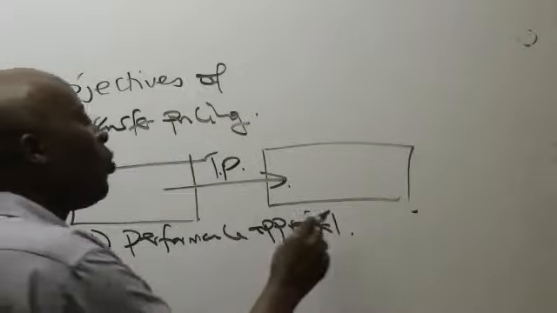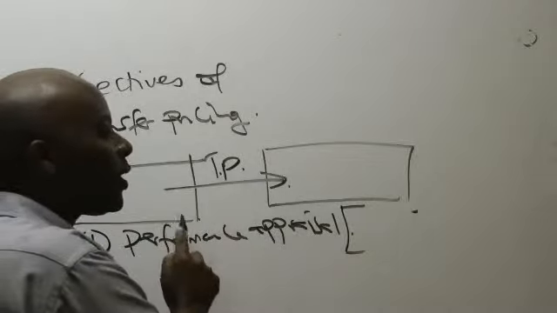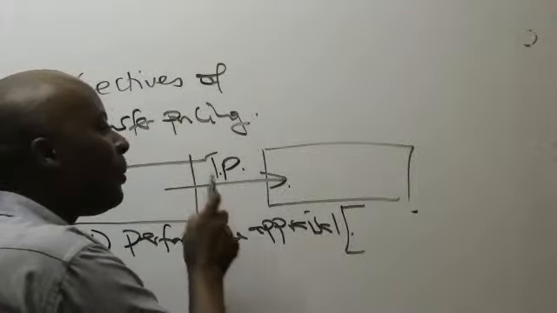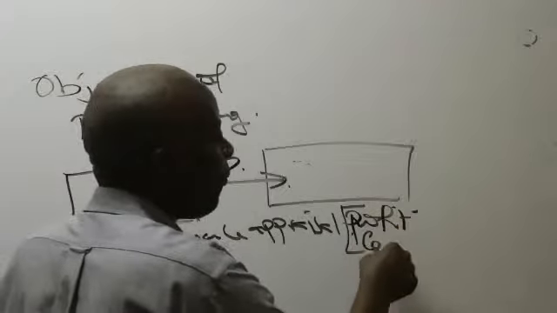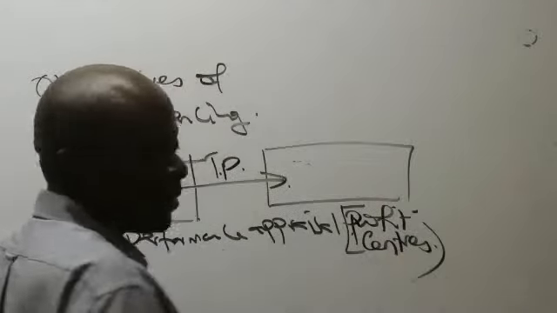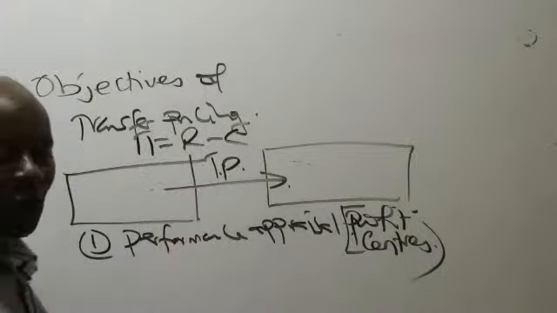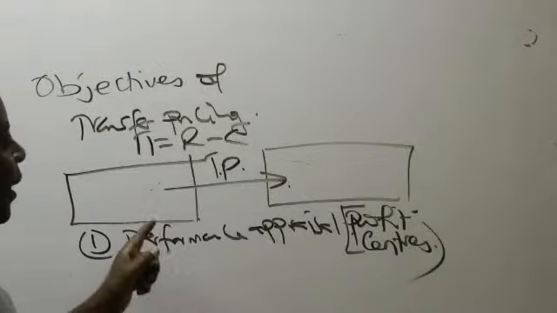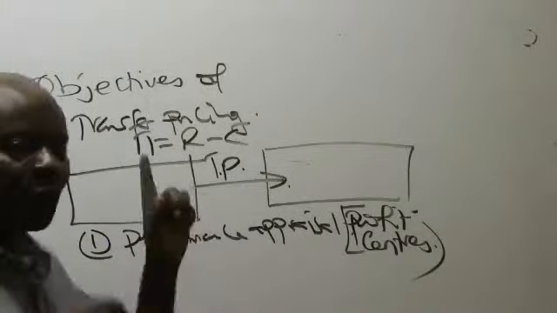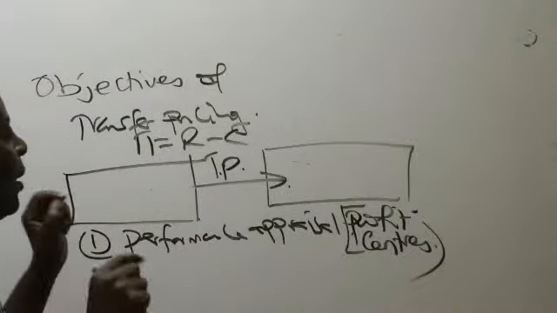Performance appraisal. Why is this a very important point in transfer pricing? It's because transfer price is able to change all these departments to profit centers. Remember, profit equals revenue minus cost. Initially, we used to call these landlocked departments.